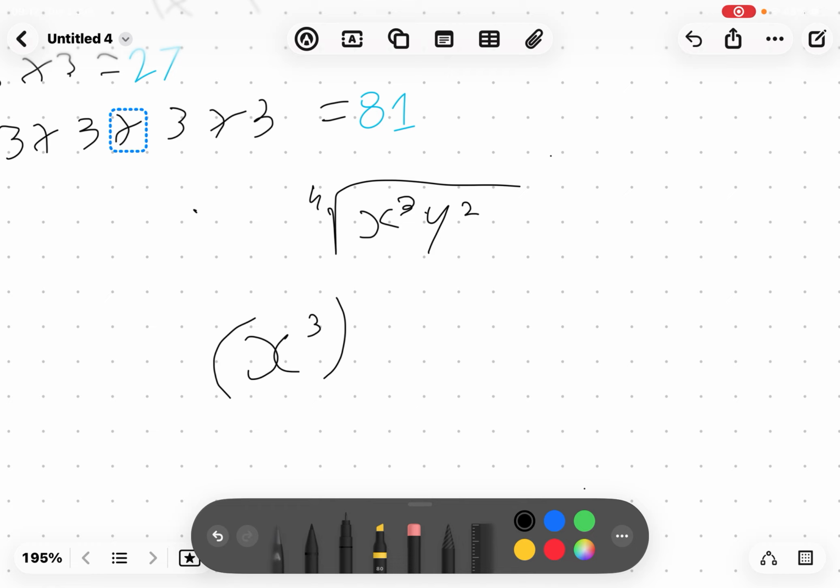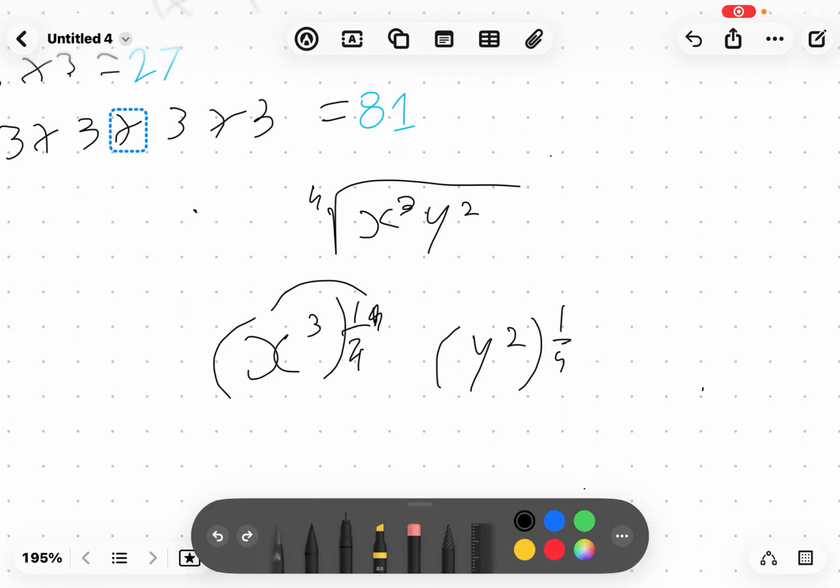3 over 4. And then from our laws, we know that we can just times these.